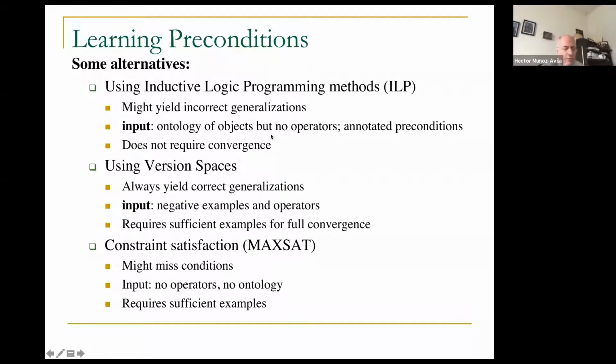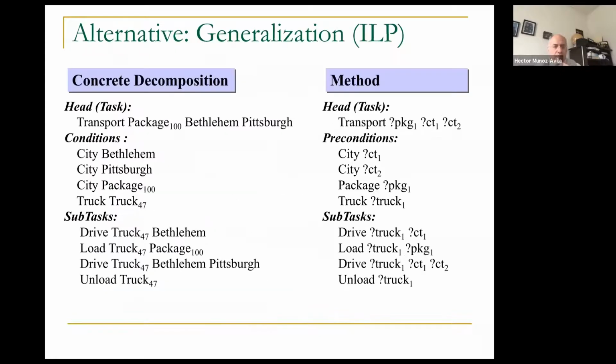Let me give you a few examples, and I'll have to control my time so I can move to other parts of the presentation. So this is an example of ILP. Again, we are only learning here the applicability conditions. So we are given particular situations where we have a task, and it has been decomposed; the decomposition is given. We are trying to learn the applicability conditions, and we're given an example of a concrete state where that task happens.